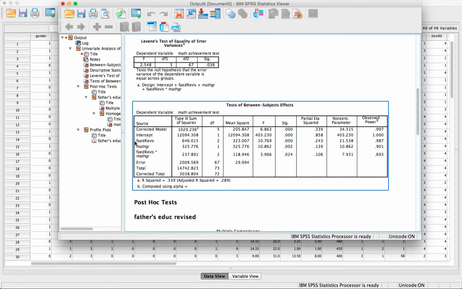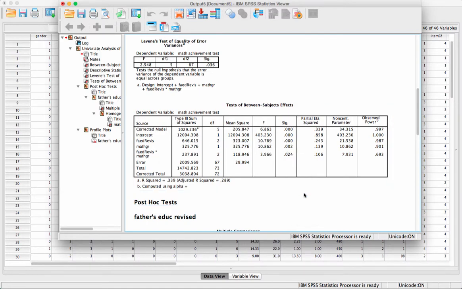Moving on, we can see that the three lines that we're going to be interested in looking at is the main effect of father's education, which is significant. So at least one of those group means for math achievement differ.